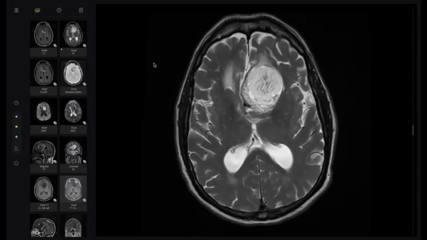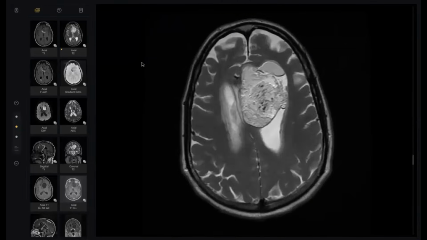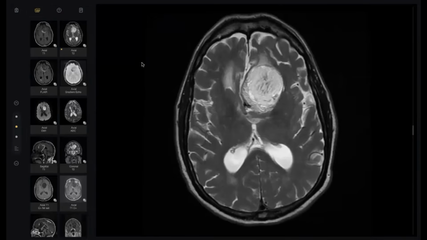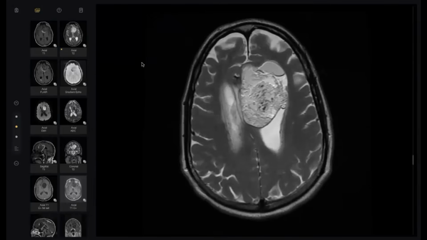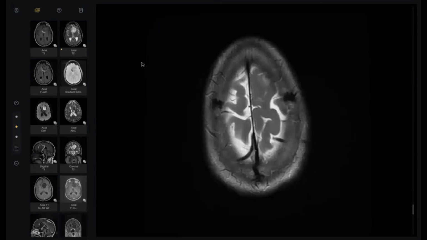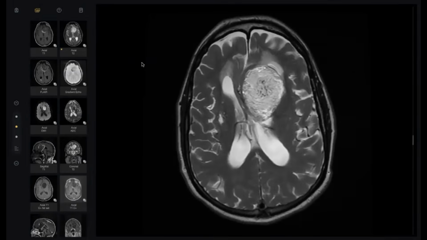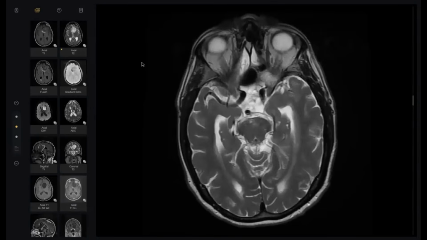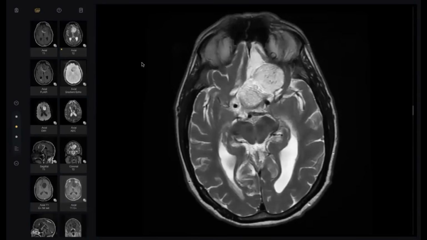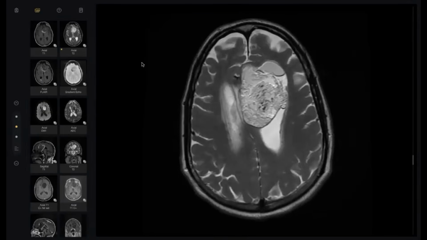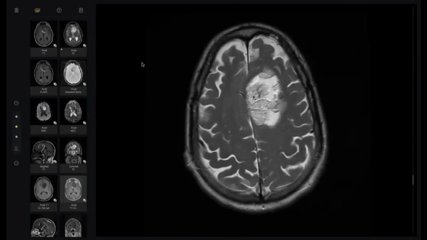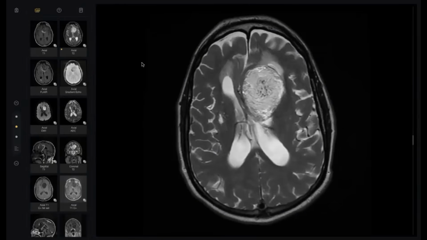I can see abnormal signal intensity centered upon the left lateral ventricle, extending mainly to the frontal horn, displacing the midline structure to the right side. I can see related dilatation of the left lateral ventricle and the third ventricle.